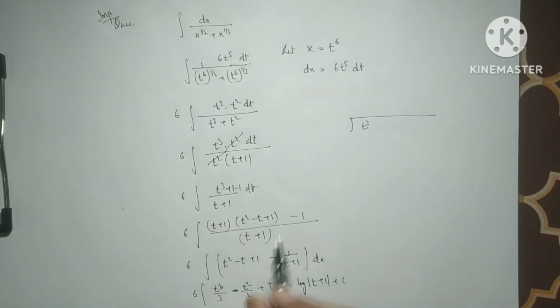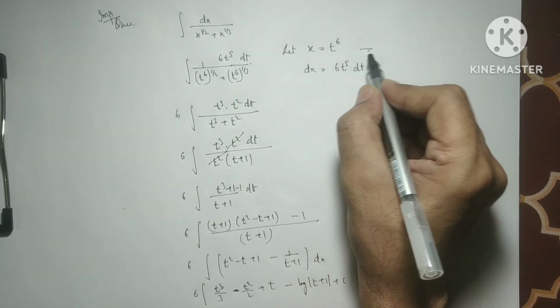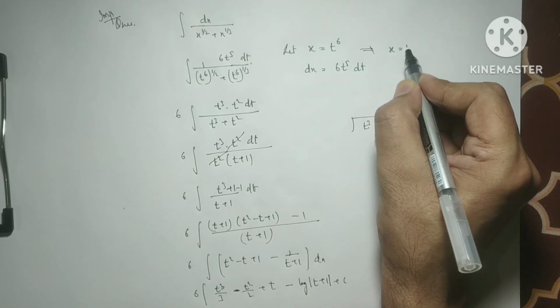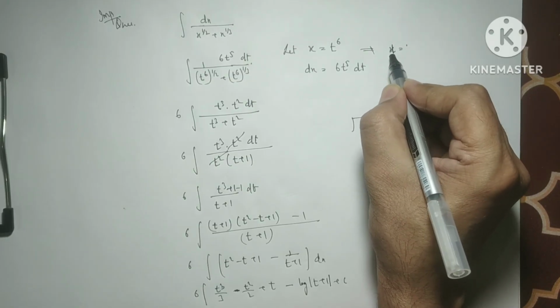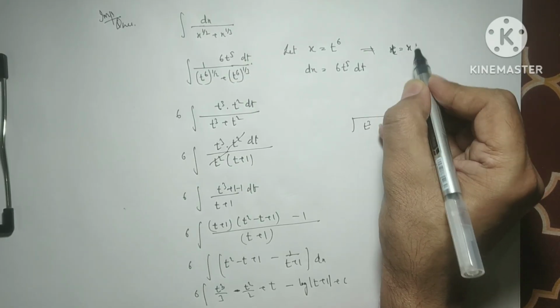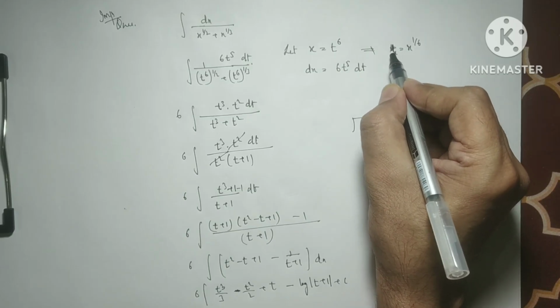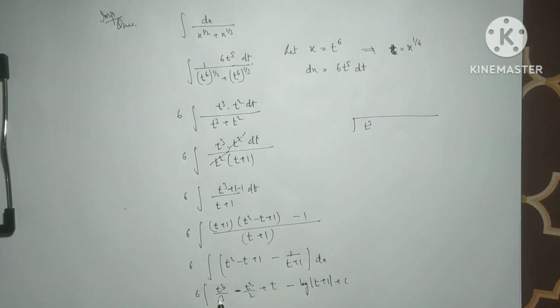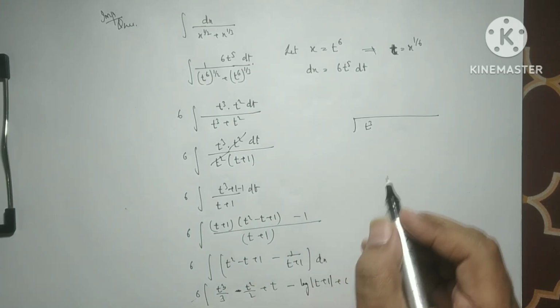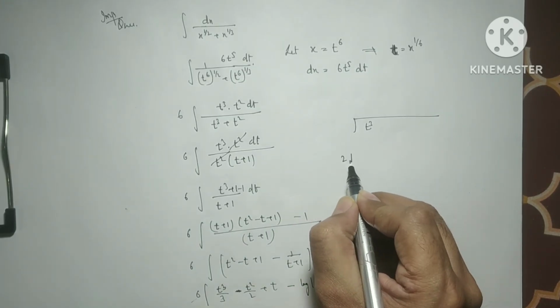So right now on putting this value, t equals x to the power 1 over 6. When we put this, this will be cancelled out, you get 2, and this is root x.